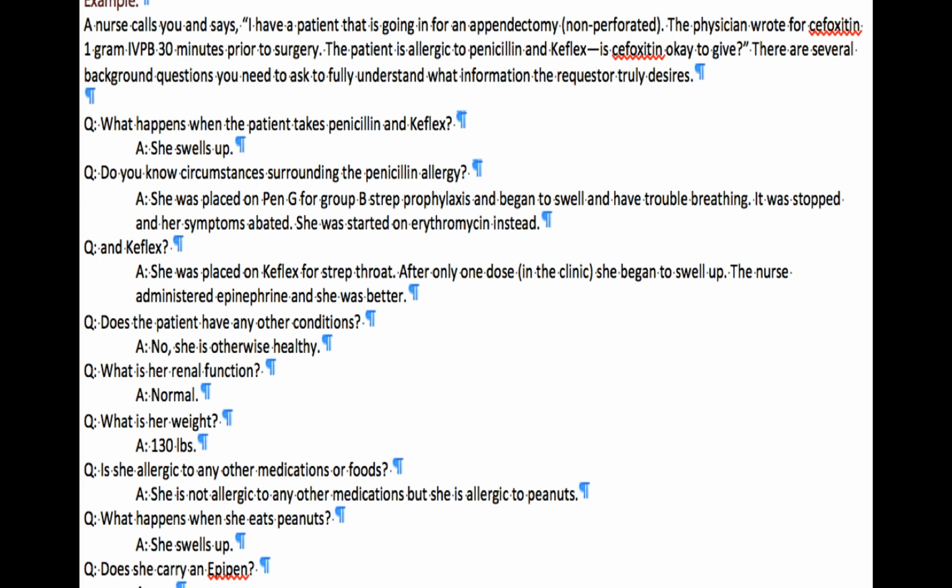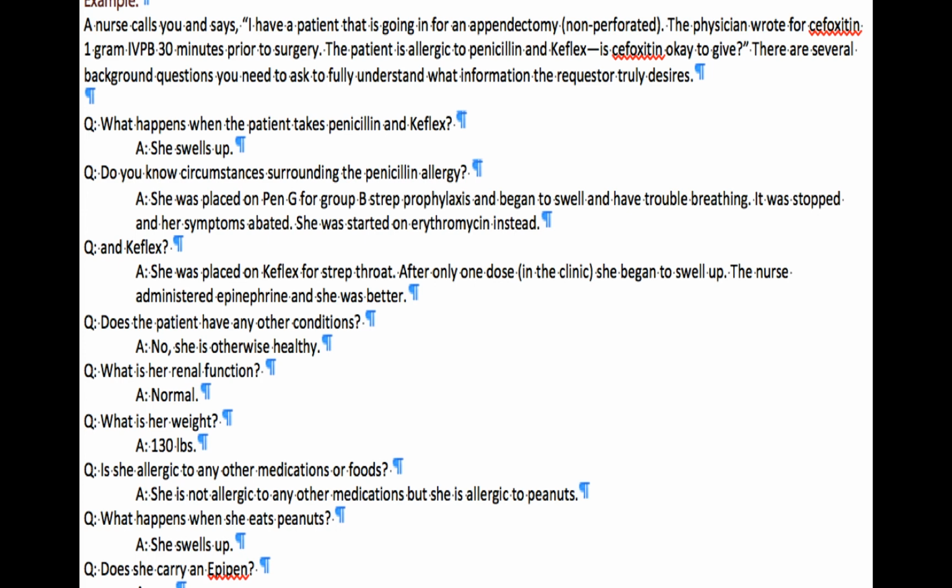There are several background questions you need to ask in order to fully understand what information the requester truly needs answered. For example, what happens when the patient takes penicillin and Keflex? And the nurse tells you she swells up. You continue to ask, do you know the circumstances surrounding the penicillin allergy?